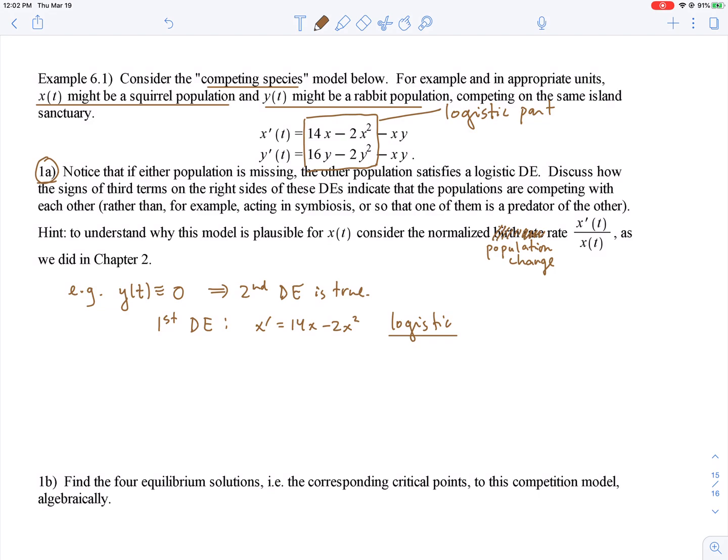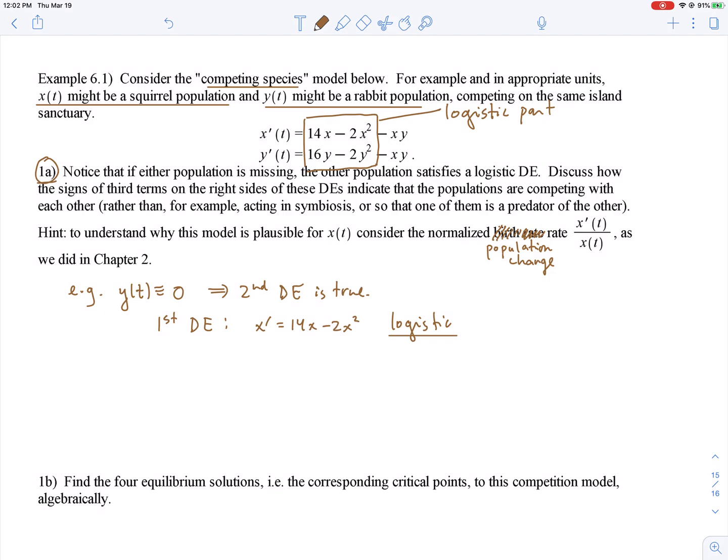But notice, when we look at the third terms in each equation, they have negative signs. And so we see that the presence, for example, in the first equation of y slows down the population growth of x, because x prime gets smaller. And it's the same in the second differential equation.